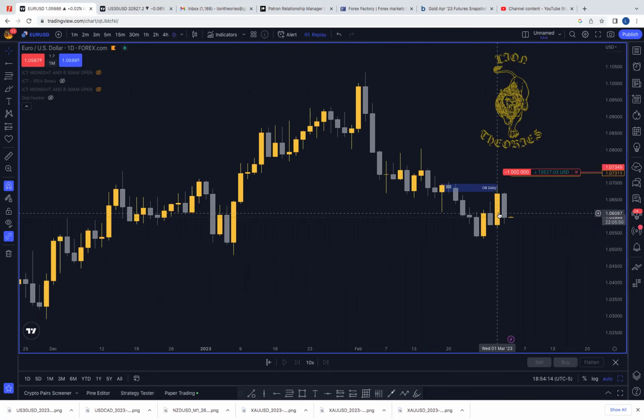So it was more of a mitigation trade, like an intermediate term trade, not a day trade. I would have taken it if it did happen in the same day, but I was mainly aiming for a target on the lower time frame on this one, right? So you can use higher time frame POIs for lower time frame targets.